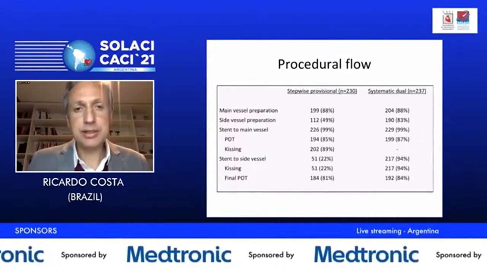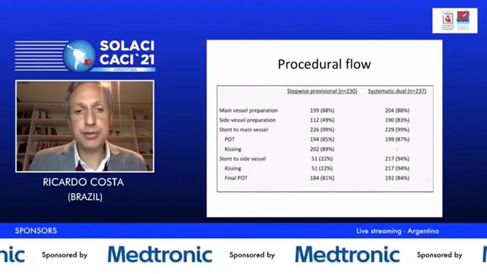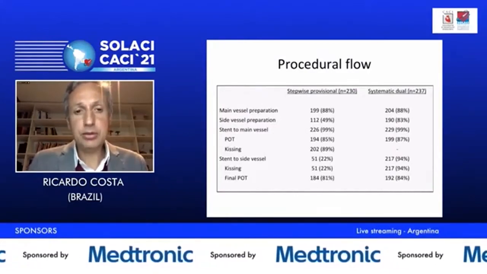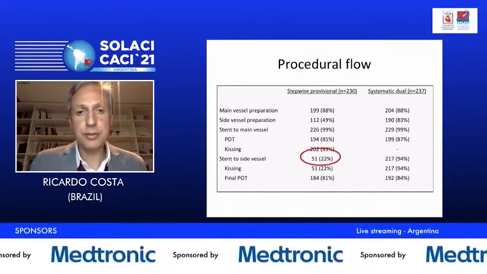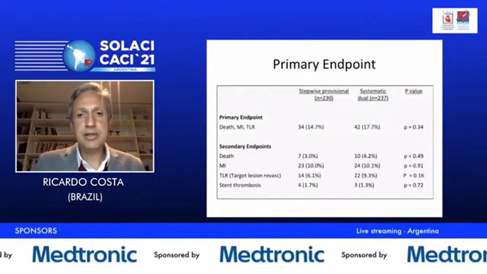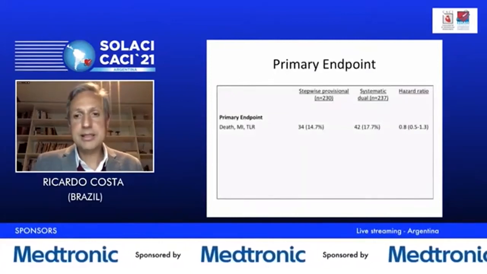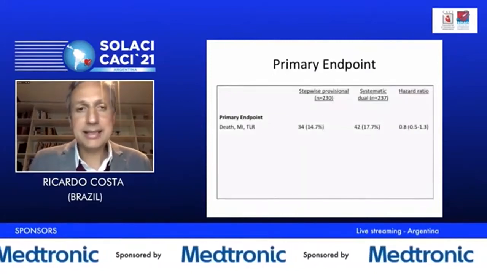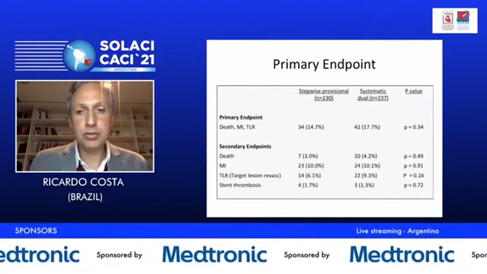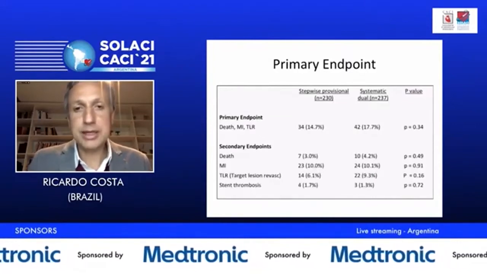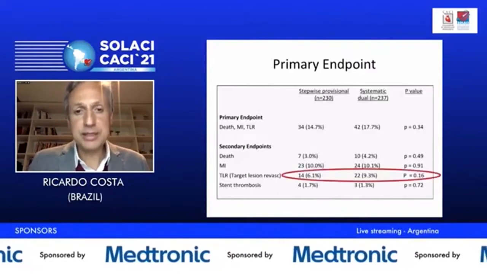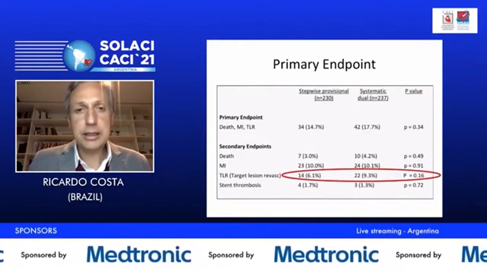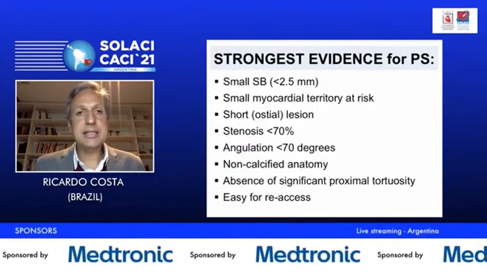And here we have the procedural flow, 22% crossover was necessary, very similar to the previous trials. And the primary endpoint shows advantages for the more complex strategies in situations such as the TLR, and the complexity here was included.